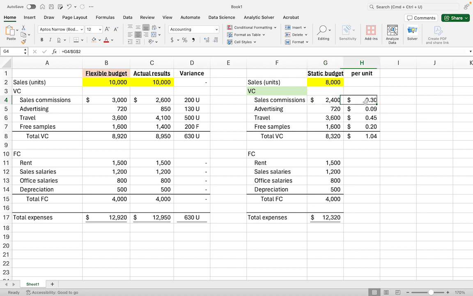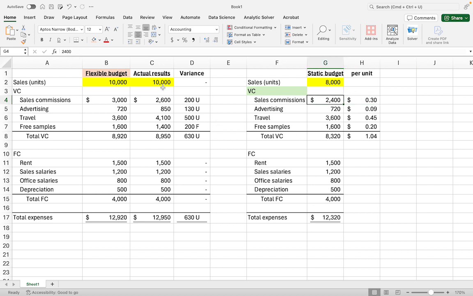At 30 cents a unit, I would have budgeted $3,000, because that's what you would do with a variable cost budget. We pay 30 cents in sales commissions for every unit sold. So our sales commissions depend upon how many units we think we're going to sell. We originally set that up for 8,000 units, and 8,000 times 30 cents is $2,400.